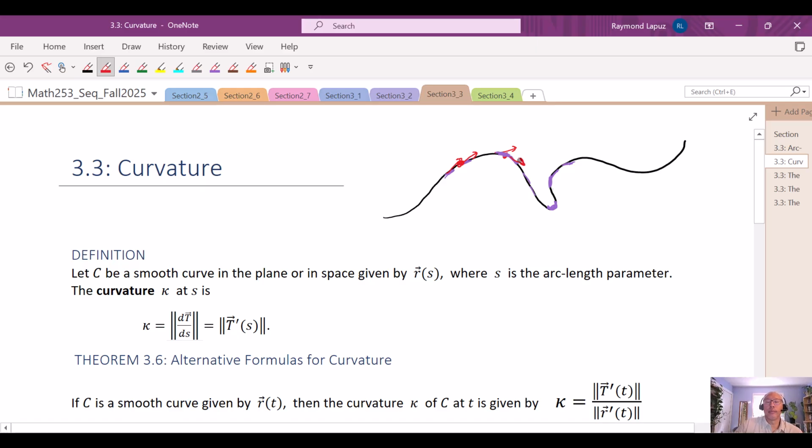And so we should have a higher curvature. And then just to make the difference really clear, you've got tangent vectors that are going in one direction, and it makes abrupt changes to go in another direction.